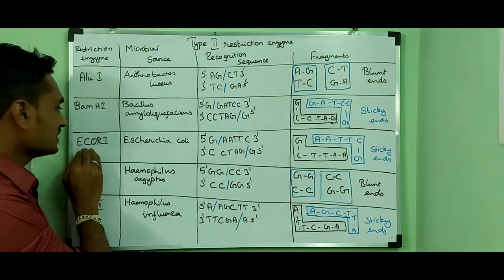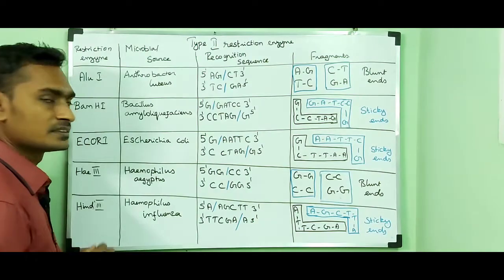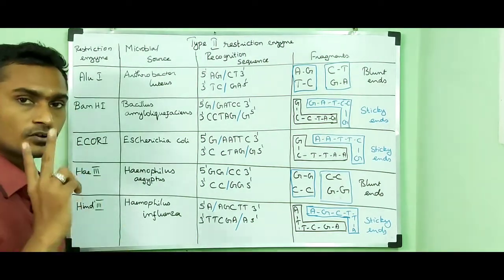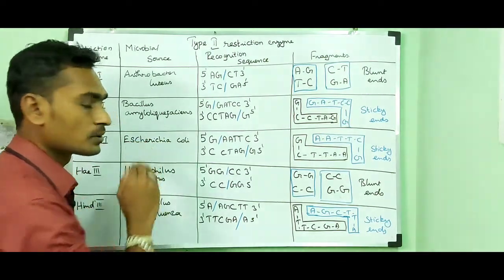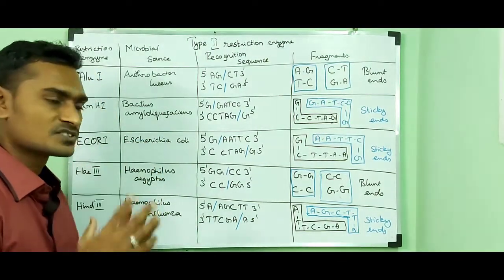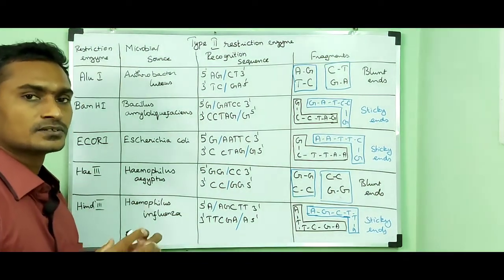The first letter E indicates the genus name Escherichia. The genus name is followed by the two letters co, indicating the species name coli. Then the species name is followed by the capital letter R, which indicates the strain.